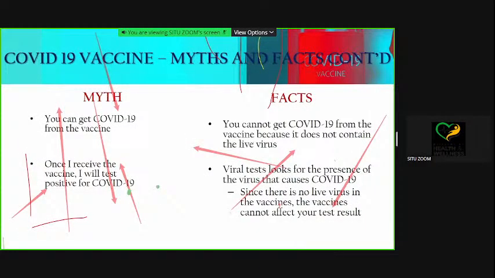So it's really just to understand what is happening so that we are not confused and we are not spreading rumors and making other persons fearful of the vaccine.